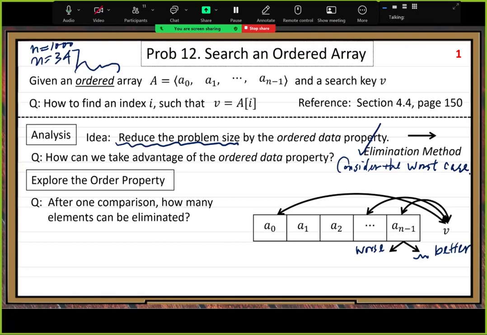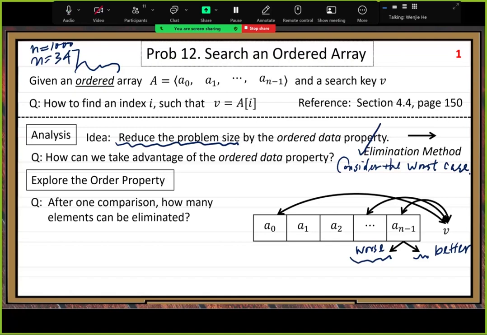In the worst case, after the first comparison, how many elements can be eliminated? Only one. That's too little, right? That means this option is not good.